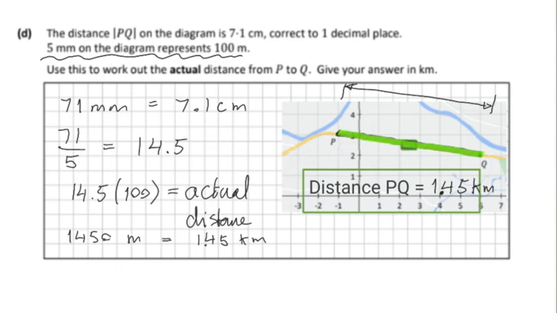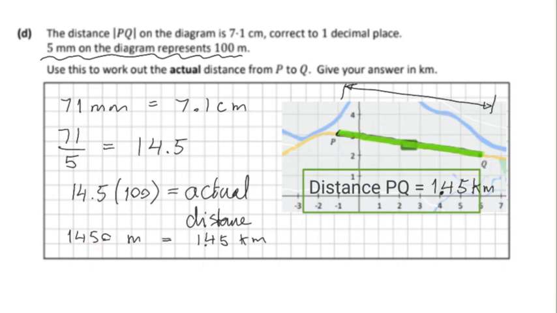If you divide 5 into 71, that's how many 100 meter actual lengths are between P and Q. There's 14.5 of those, multiplied by 100. Just move the decimal 2 places, and we get 1450.